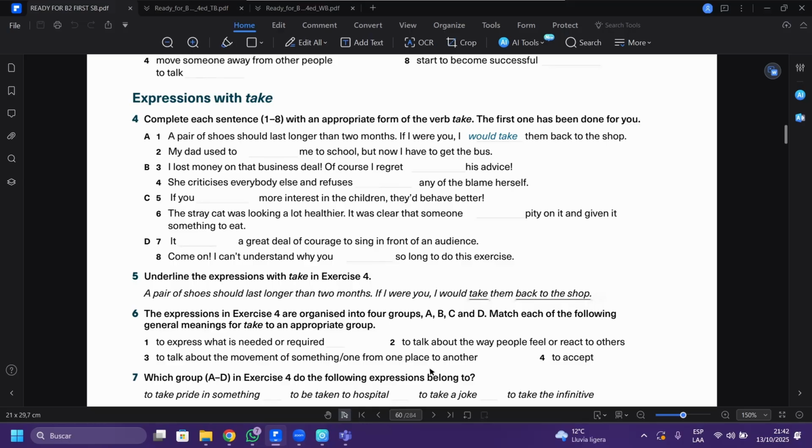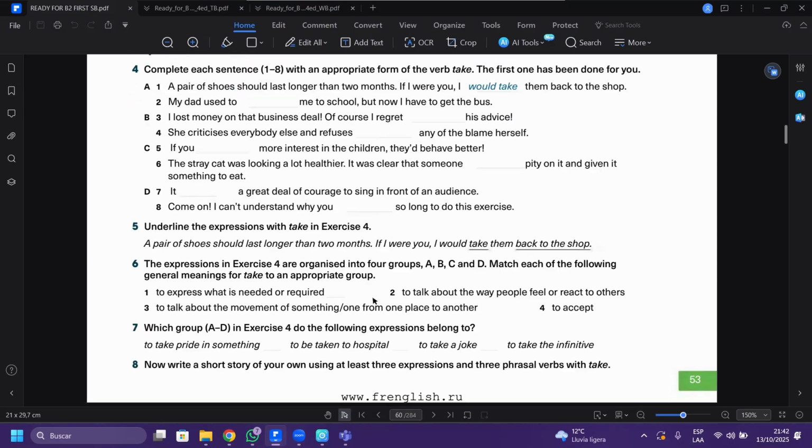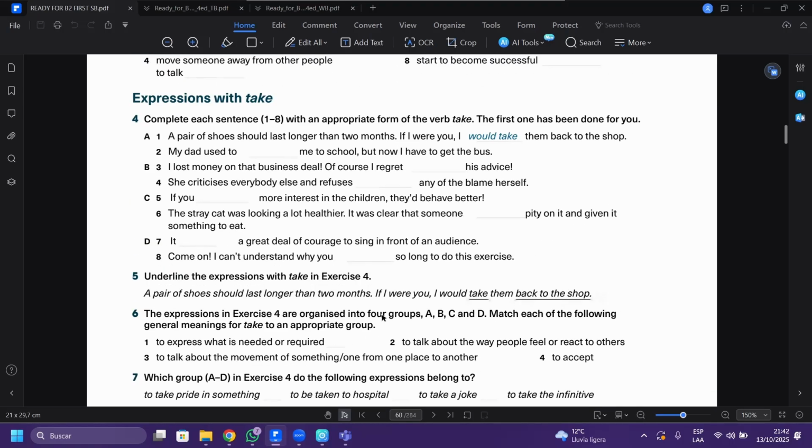I'm gonna take on English classes. I'm gonna take on a teacher, you could say, because it means to employ someone, not something. For example, I'm gonna take on a teacher for my English lessons. So take on is only to employ someone, not something. That is perfect.